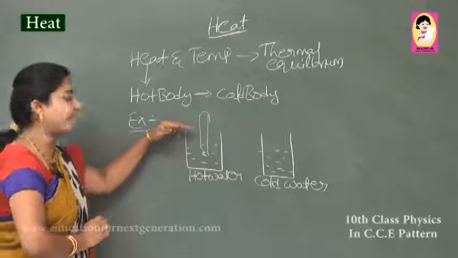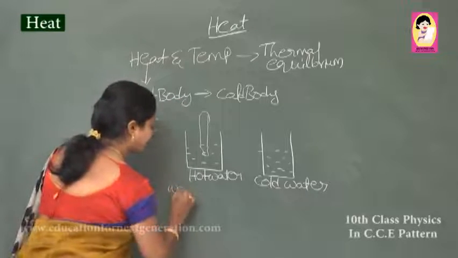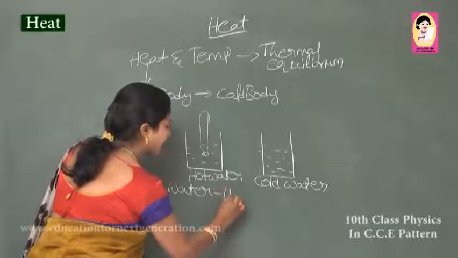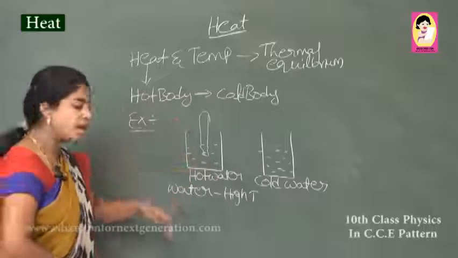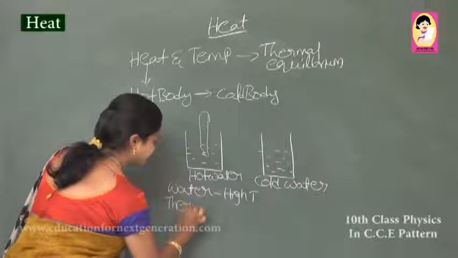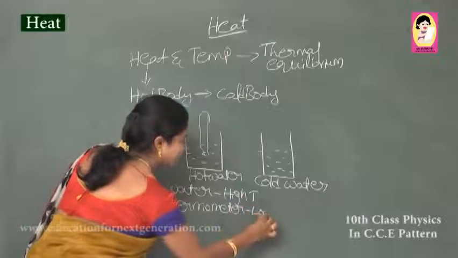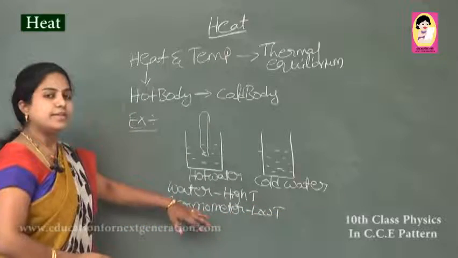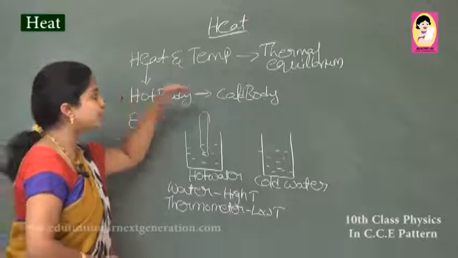Why is the mercury level rising? Here the water is having high temperature, whereas the thermometer is having low temperature. According to heat, energy is flowing from hot body to cold body.